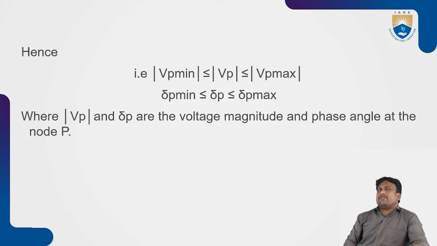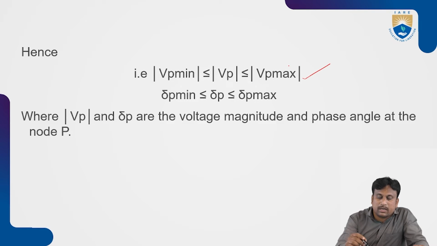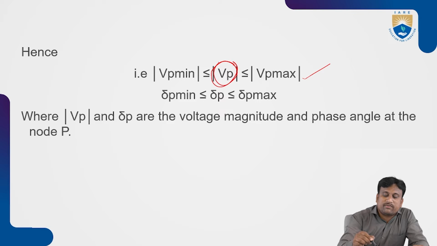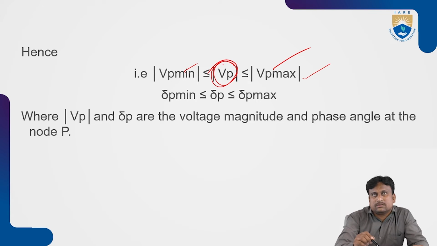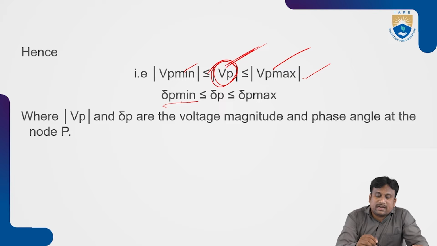Here it is suitably defined with the expression VP minimum less than or equal to VP less than or equal to VP max. VP is the real power term coefficient. The delta power angle is considered in terms of delta P minimum to delta P max.